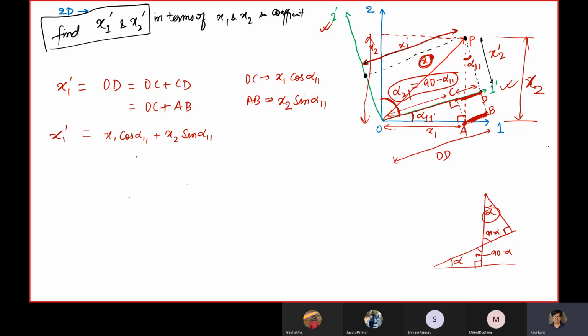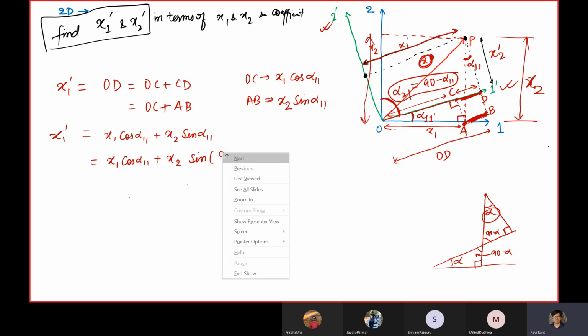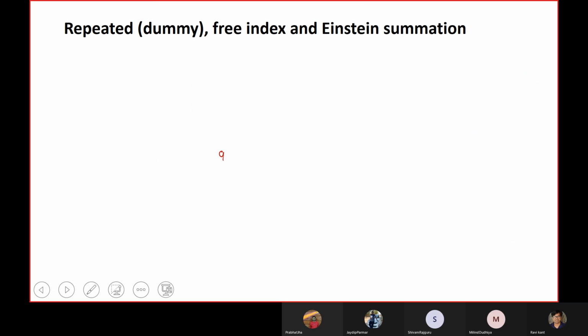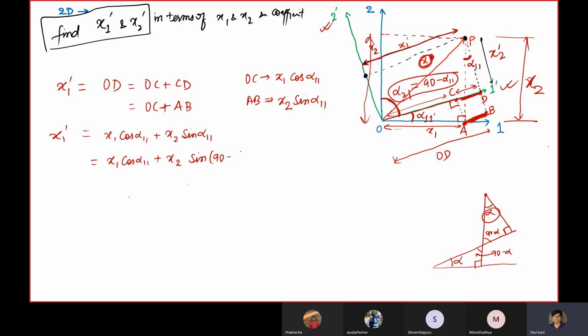This is evident here. Now I can make a manipulation over here. x1 cos alpha 11 plus x2 sine alpha 11. I can write sine of 90 minus alpha 21, this angle.